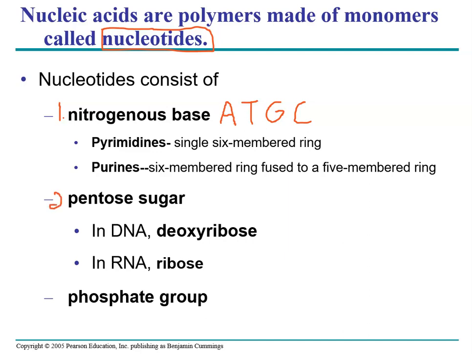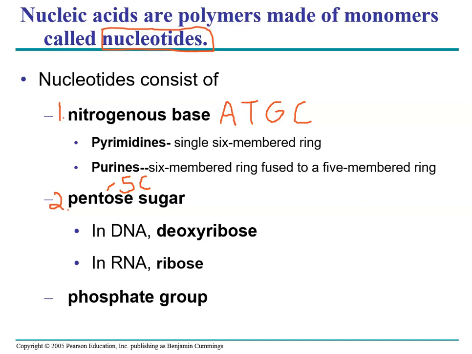So in addition to the nitrogenous base, there's going to be a pentose sugar. Pentose refers to the fact that it has 5 carbons in its structure. And there are 2 different types of pentose sugars that we see in the nucleic acids. Deoxyribose, which is in DNA, hence the name deoxyribonucleic acid.